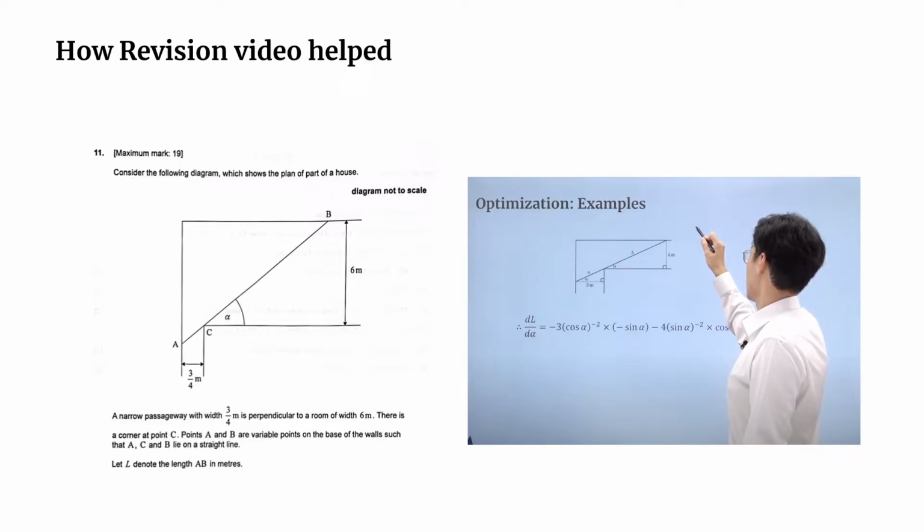This optimization problem, especially from the exercises in many textbooks, is known as quite difficult because it involves a lot of differentiation. But we covered it in our revision video. As you can see, finding the stationary point was very similar to the actual exam question. So that's really great to show you the point that our revision video is very good.